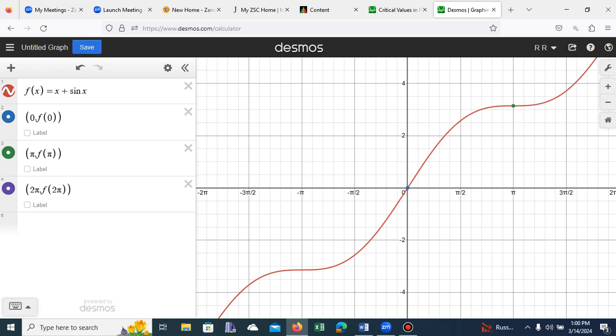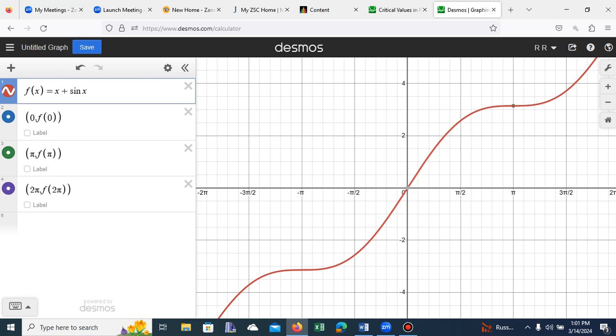Right. And we can see the graph becomes horizontal at the intervals of pi, and I should say the odd intervals of pi. So pi, negative pi, 3 pi, 5 pi, and so on. That's where the graph is horizontal.